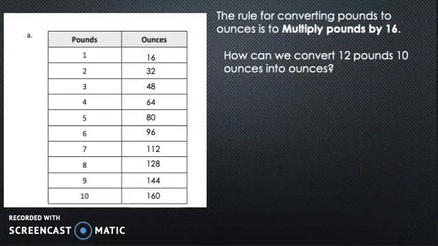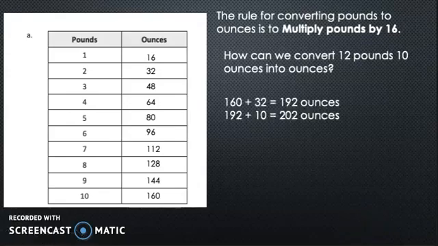Now, let's look at what to do if you have a problem with both pounds and ounces. For example, how can we convert 12 pounds 10 ounces completely into ounces? So first, we need to convert those pounds into ounces and then add 10 ounces more. So we can use our conversion table to add the ounces in 10 pounds, which is 160, plus the ounces in 2 pounds, which is 32 ounces.